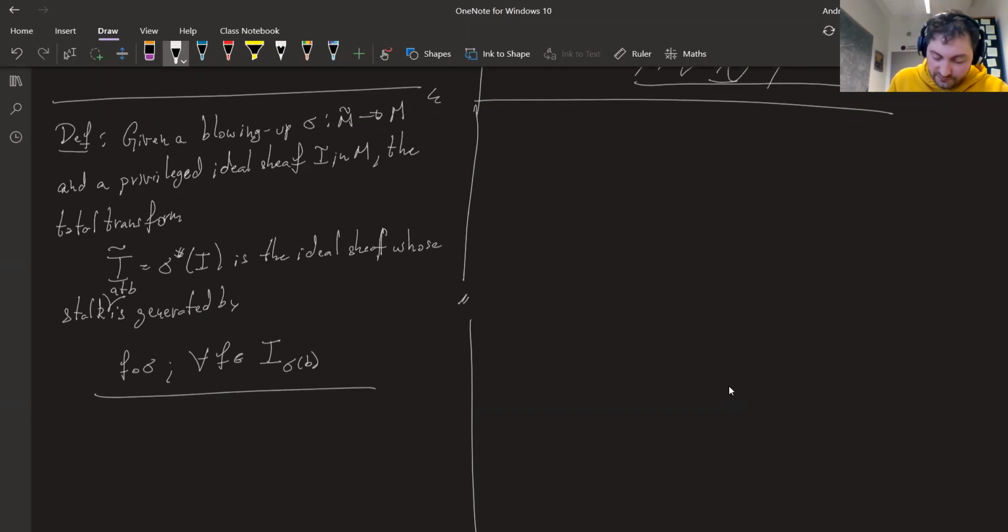You pull back all of the functions that were in the image of that point B that we're considering.